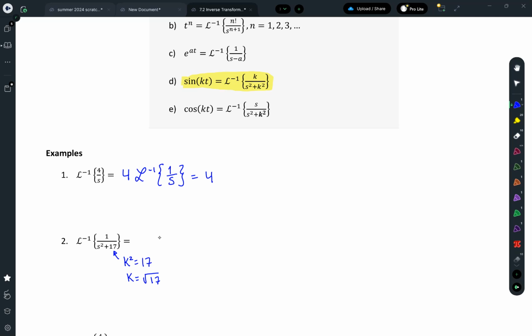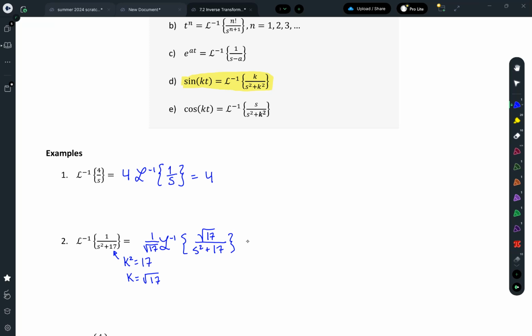So this is equal to the Laplace inverse of square root of 17 over s squared plus 17. But no, it's not. I can't just arbitrarily multiply a square root of 17 in. However, I can, on the outside, multiply by 1 over the square root of 17. And then I've balanced things out because technically what I've done is just multiply everything by root 17 over root 17, which is a funny looking 1.